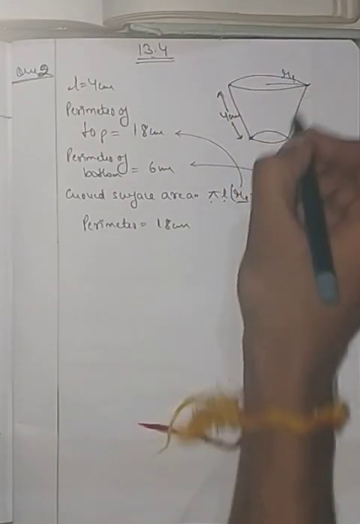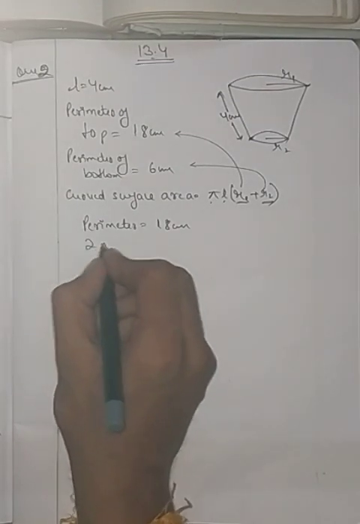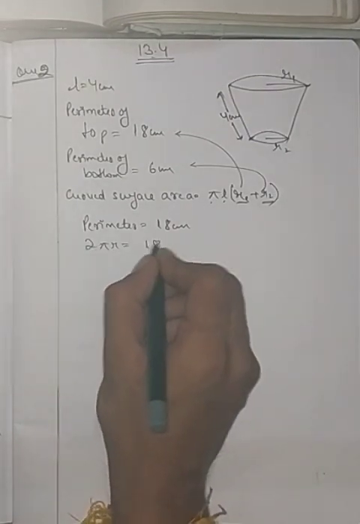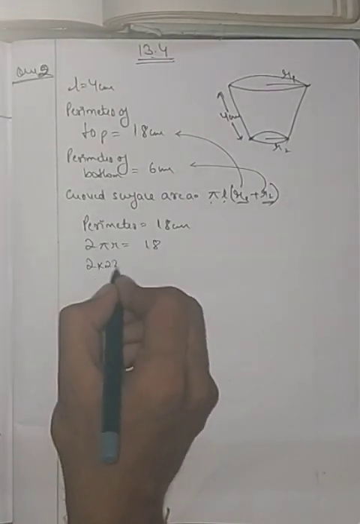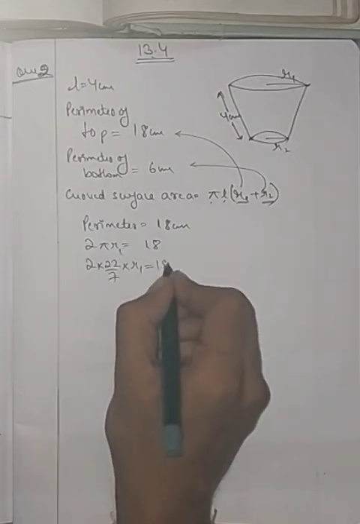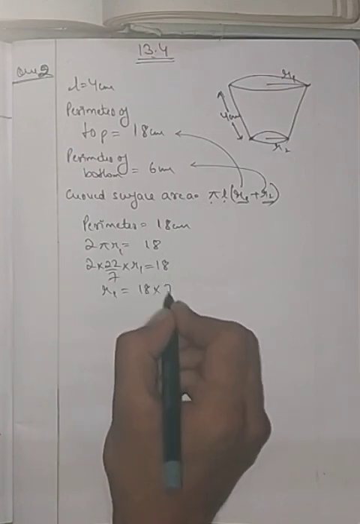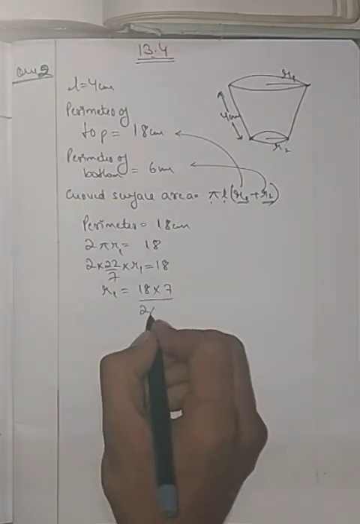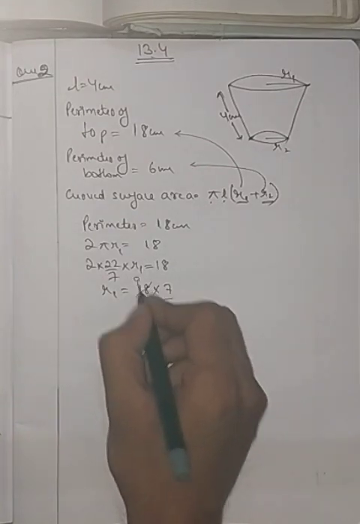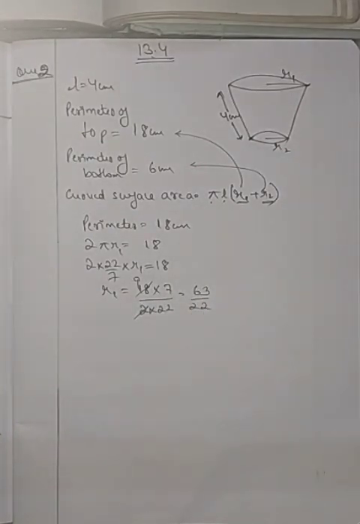Radius of the top is R1, bottom is R2. Perimeter formula 2 pi R is equal to 18. 2 into 22 by 7 into R1 is equal to 18. So R1 comes out to be 18 into 7 upon 2 into 22. This gives you 63 upon 22.